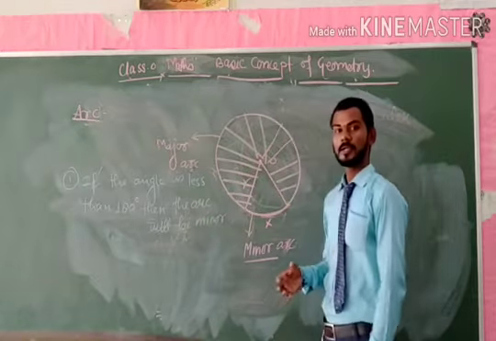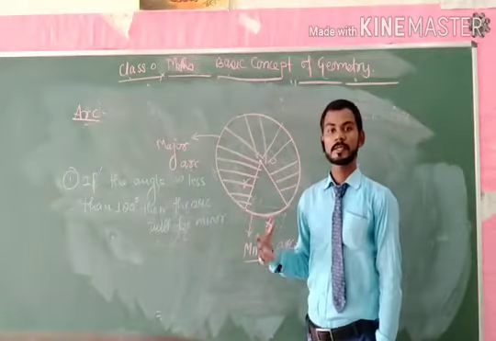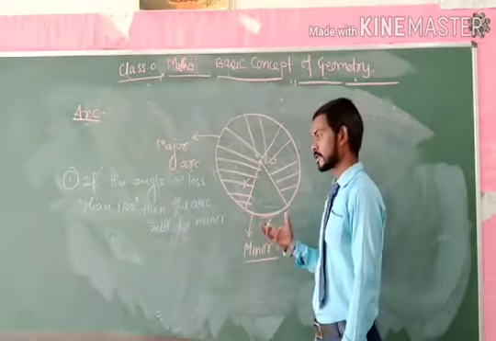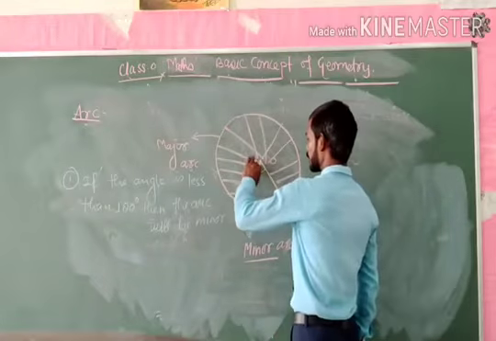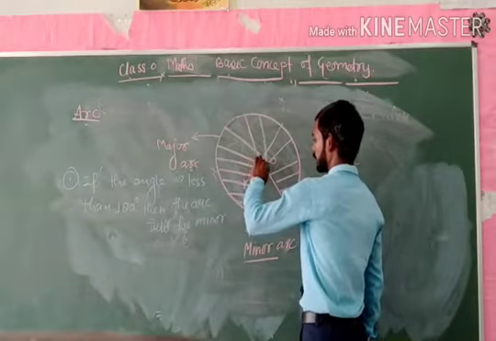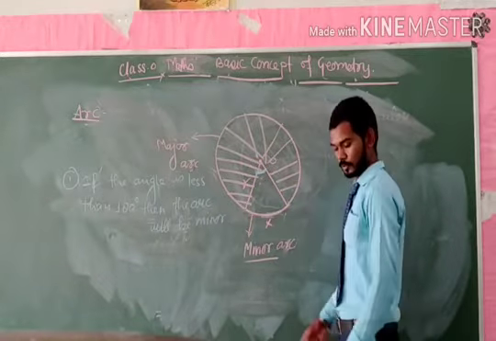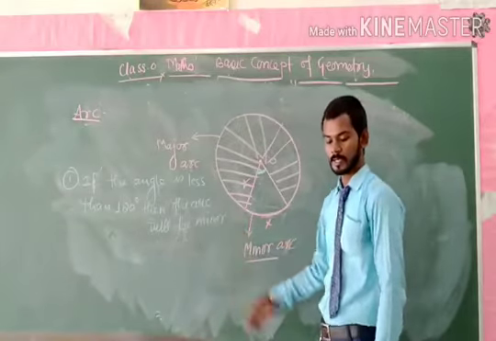If the angle made at the center is less than 180 degrees, then such an arc is known as a minor arc. In the figure, we can see that this angle is less than 180 degrees, so the arc formed is known as a minor arc.